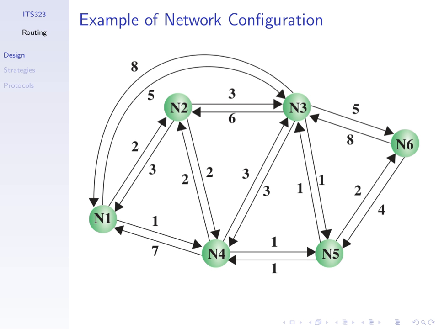I start sending my packets along that path. All of a sudden, this cost goes up to 10. I keep using that path. It's a suboptimal path, not the best path in this case, but I keep using it for the duration of the connection. So there's a trade-off of how often you choose it. The less often you choose the path, the more chance you may get a suboptimal path.